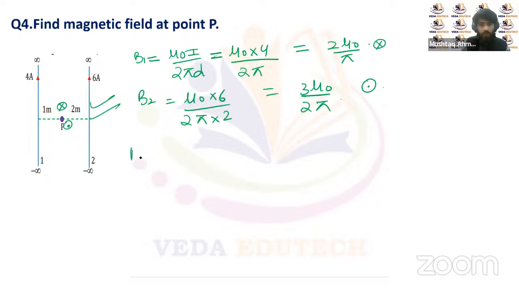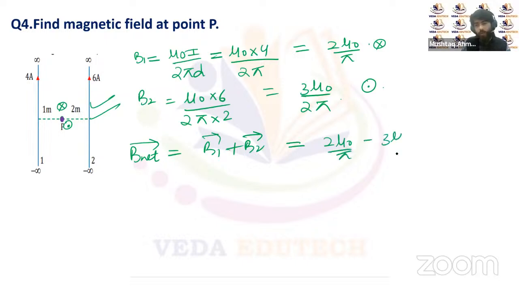The net magnetic field B net will be B1 vector plus B2 vector, which will be equal to 2 mu naught upon pi minus 3 mu naught upon 2 pi. So from here you can see the net magnetic field will be mu naught upon 2 pi.